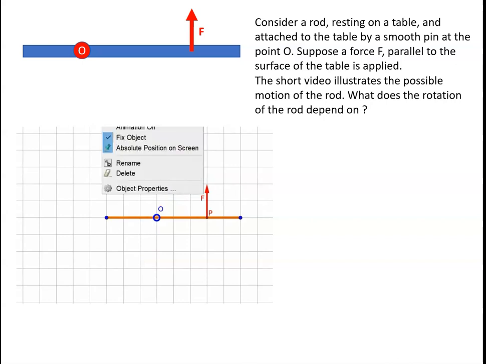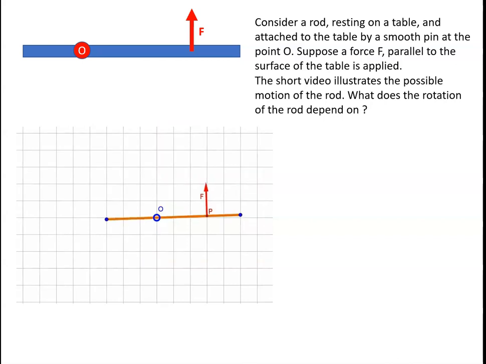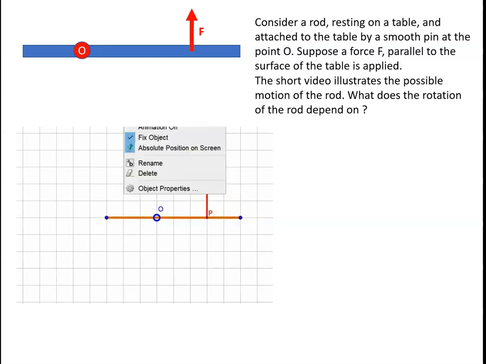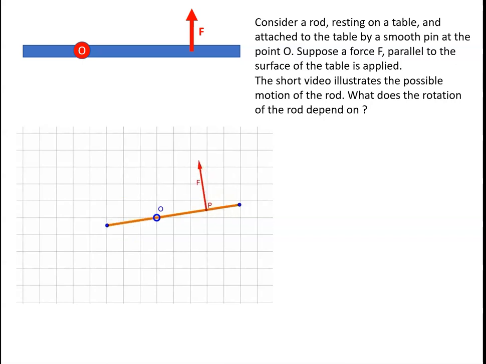So we're changing the magnitude of the force F at this stage. And we can see that the rotation is less. If we reduce it even more, the rotation is even smaller. For the next two or three animations, we're going to change the angle of the force F. Changing the angle of the force F has also slowed down the rotation.